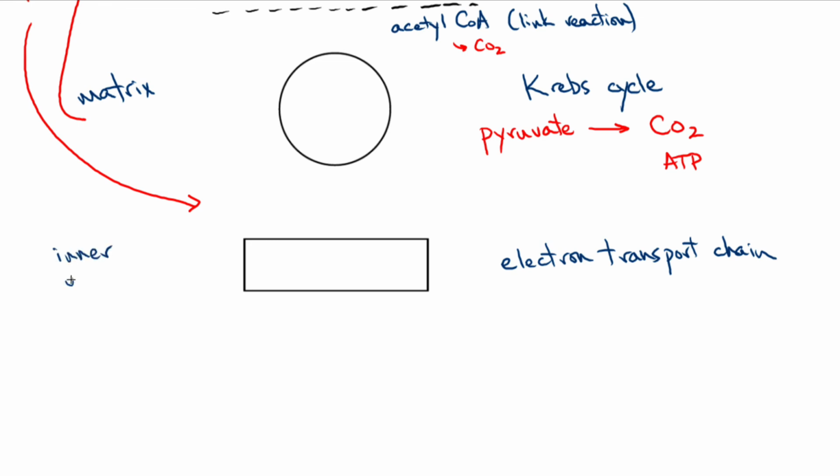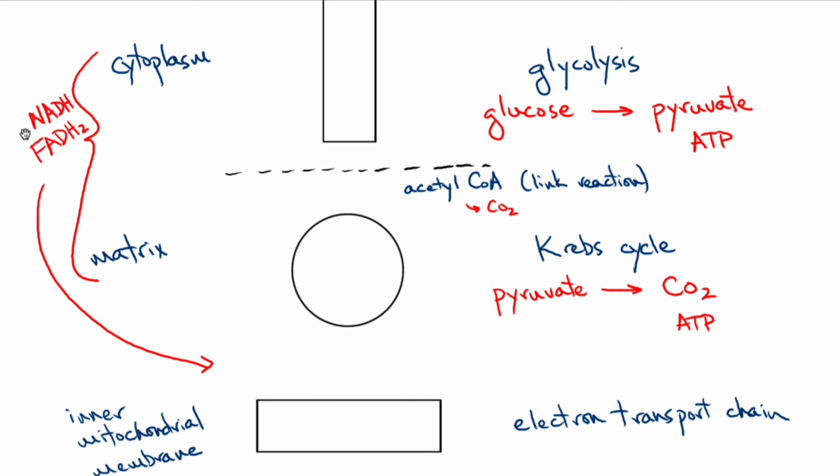And at this stage, the carbons from glucose are completely gone. They've been released in that carbon dioxide. All we have left at this stage is in fact these high energy electron carriers that have been produced in glycolysis and in the Krebs cycle.